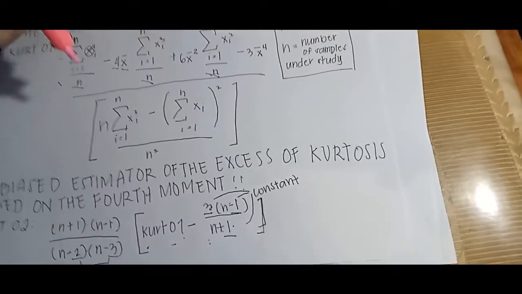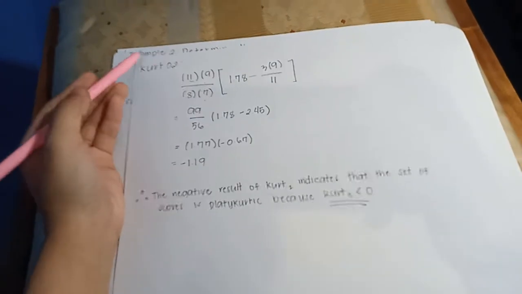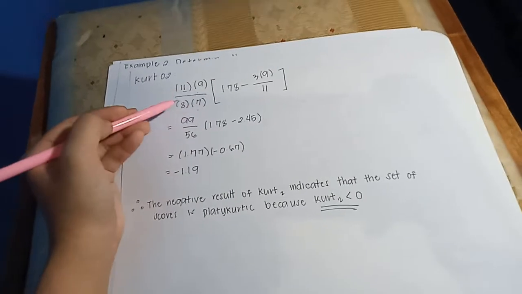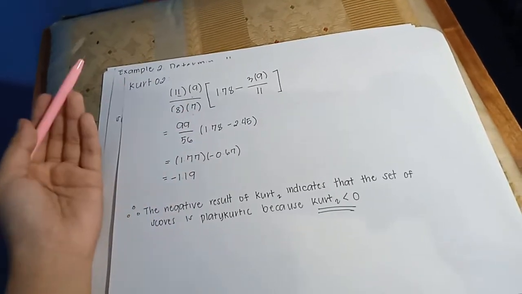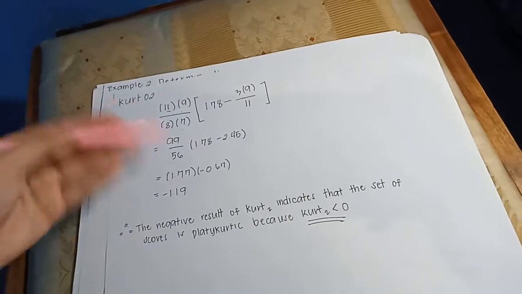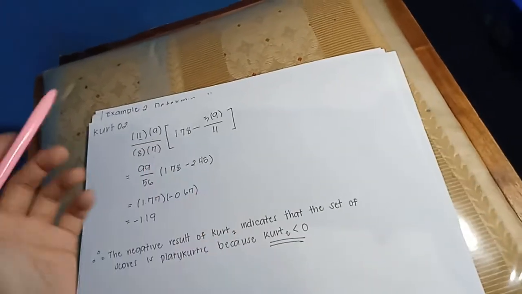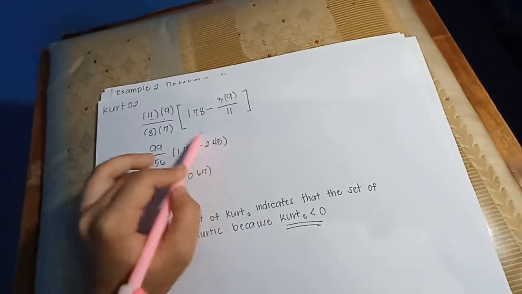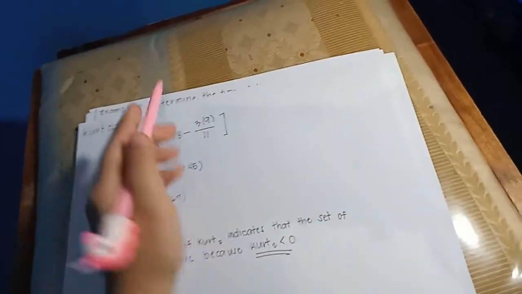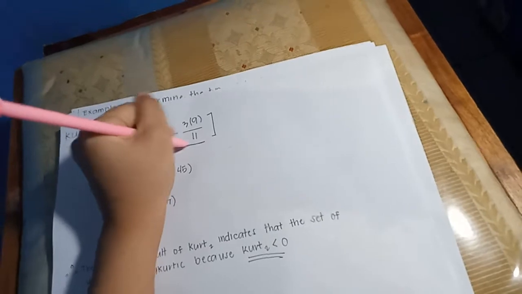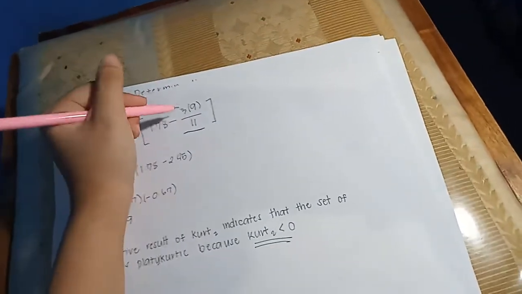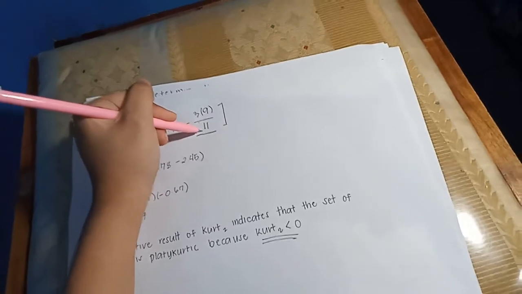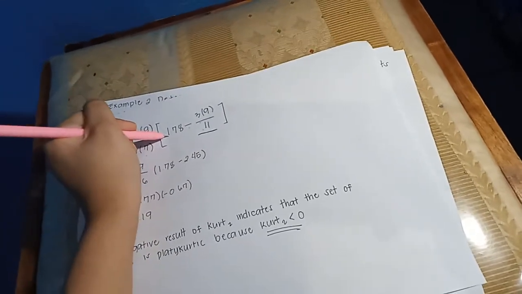Okay, so let's go back. Okay, so here is kurtosis 2. So we got 11 multiplied by 9 over 8 multiplied by 7. Now, how do we get this? It's because of the formula earlier. So, once I got that, I will solve this one right here. So, by solving this, I will start here. So, what I'll do is multiply 9 by 3, then divide it by 11, then minus it by 1.78.